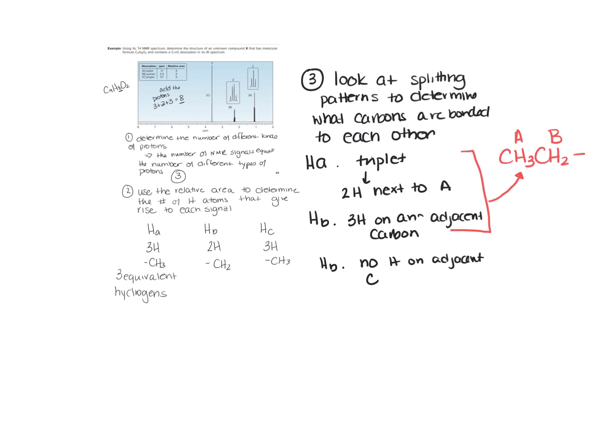Okay. Now, we also need to figure out what to do with this singlet here. That singlet is going to be, it looks like, due to a CH3 group that's next to a carbon with no hydrogens. So that could be a carbonyl. We know a carbonyl is running around in there, right? We also know that, because there's 2 oxygens, it could be an oxygen that it's next to, right?